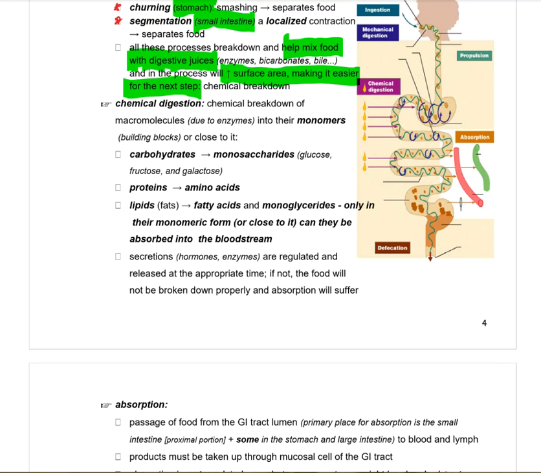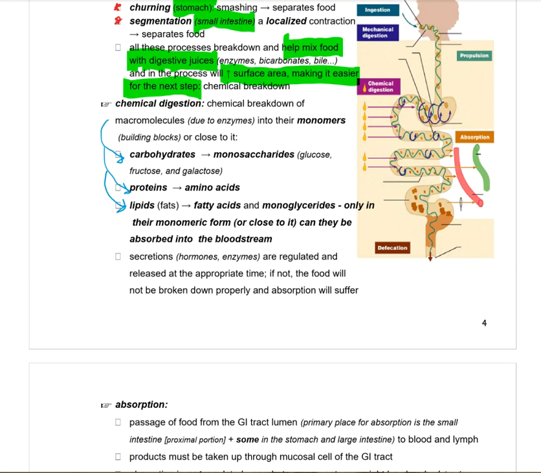Chemical digestion occurs mainly in the stomach and the small intestine, you can see here. And this is chemical breakdown of macromolecules into their monomers. Now the macromolecules are right here, and this should be review from Intro Bio.